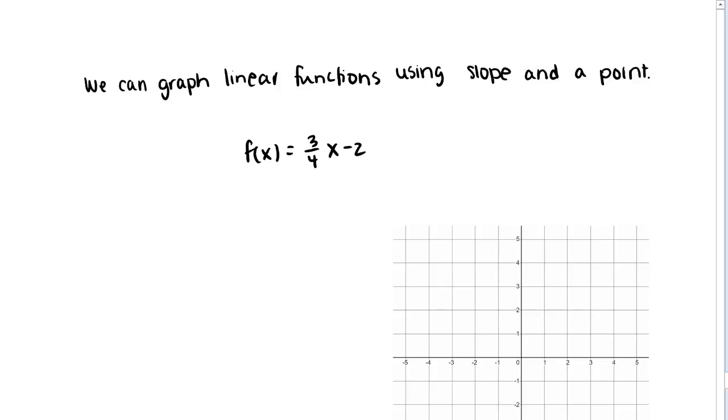So another way we can graph linear functions, maybe more efficient than plotting points, is using the slope of this linear function, or the rate of change, alongside one point on the graph of this function. And so here, if I look at the function f of x is equal to 3 over 4x, right, this 3 over 4 is the rate of change, it's a slope.